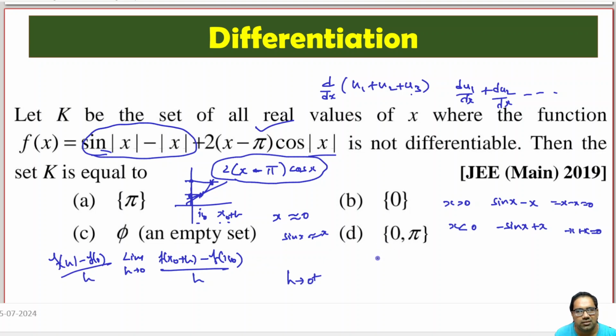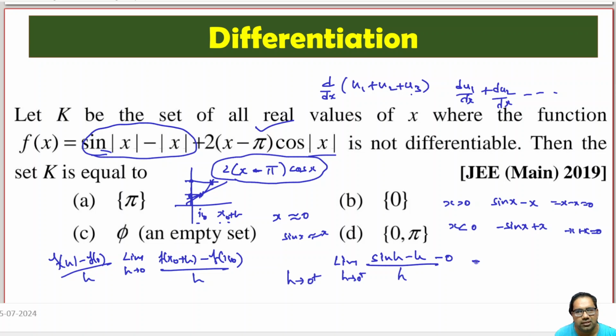What is f of h? This is sin h minus h, minus f of 0, which is sin 0 minus 0, which is 0, all by h, limit h tends to 0 plus.